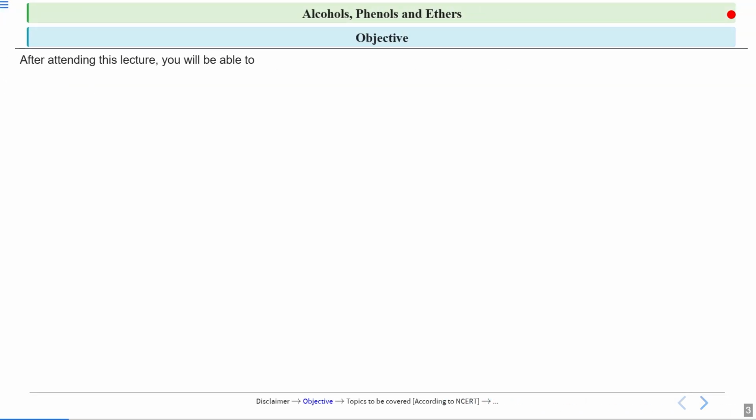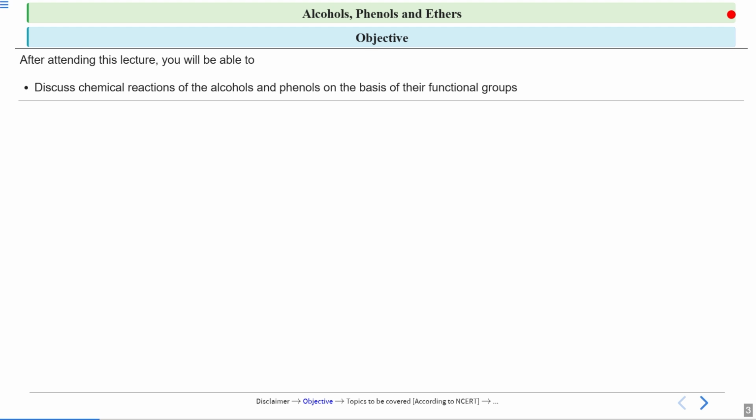Now, what is the objective of today's lecture? After attending this lecture, you'll be able to understand the topics which we are going to cover today. So today we will discuss the chemical reactions of alcohols and phenols on the basis of their functional group.